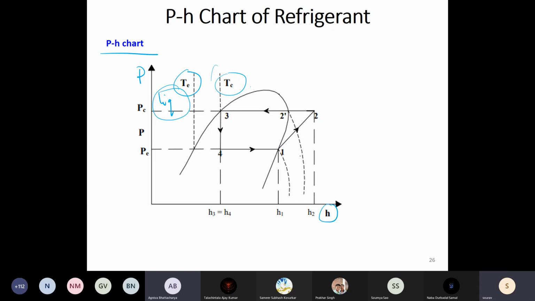Can anyone give a reason? This is not a printing error. So this is how it is actually. In the liquid region, what is the expression for dH, the change in enthalpy?